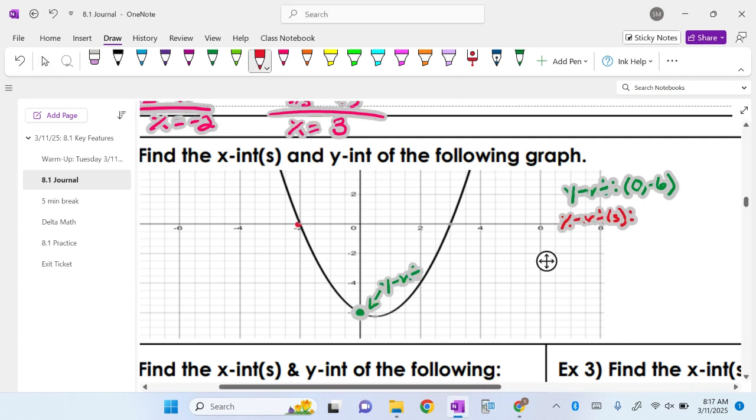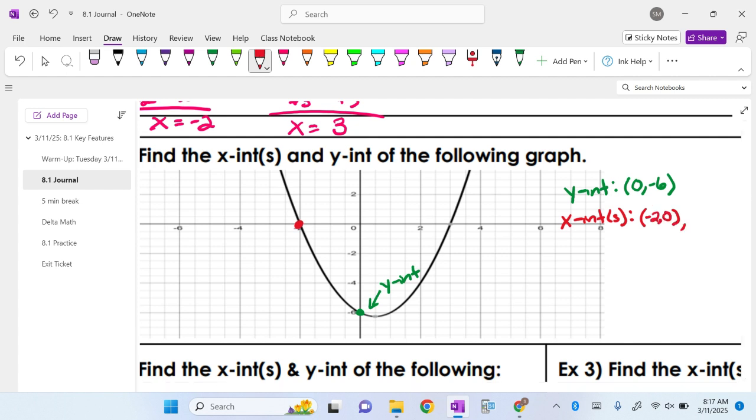Yeah, it's at -2. You're right. So one of them is at the point -2, 0. Where's the other one, James? 3, 0. So both of these right here are the x-intercepts.